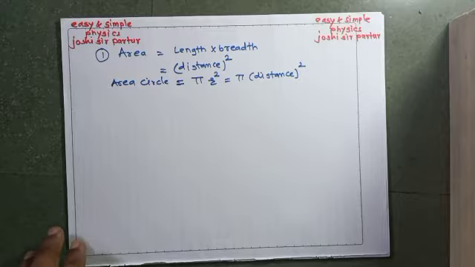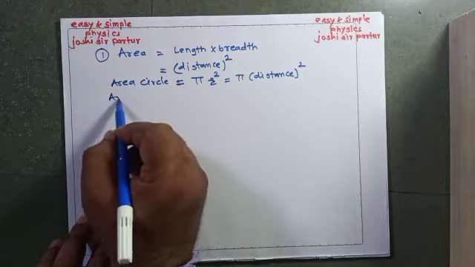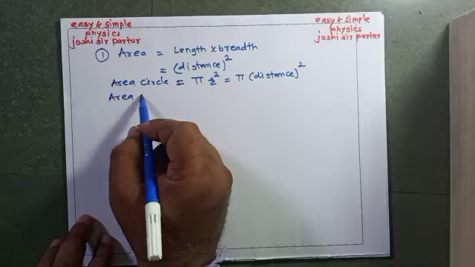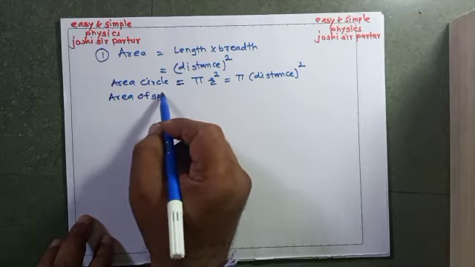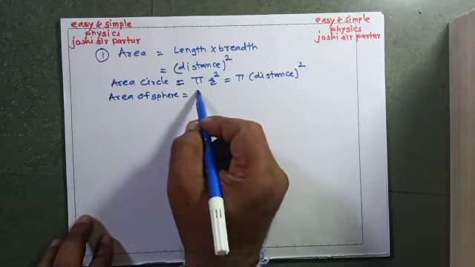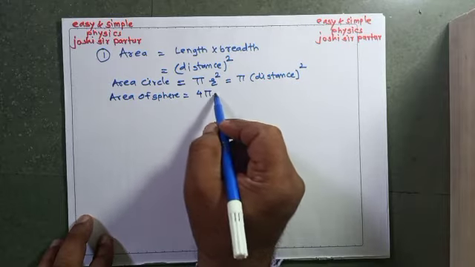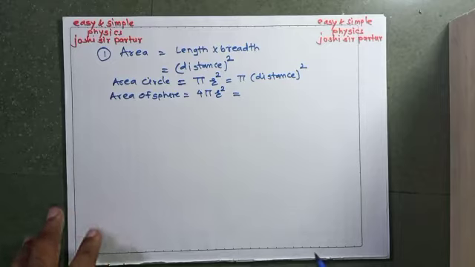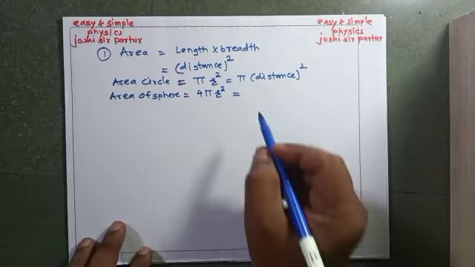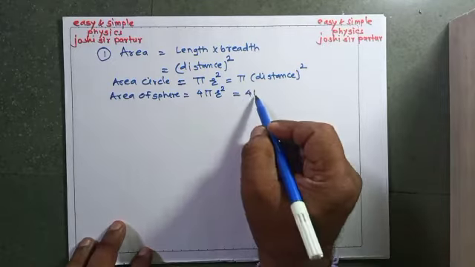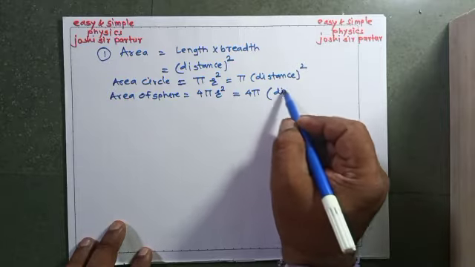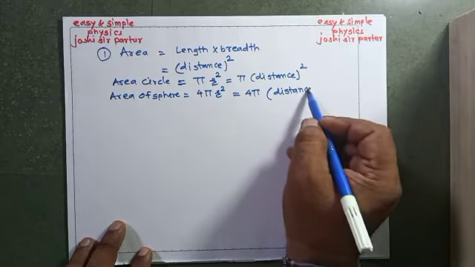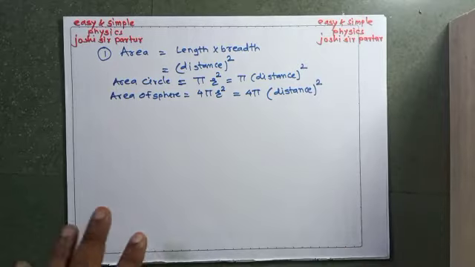Also the area of a sphere is 4 pi r square. So the area of a sphere we can write in terms of distance as 4 pi into distance square.